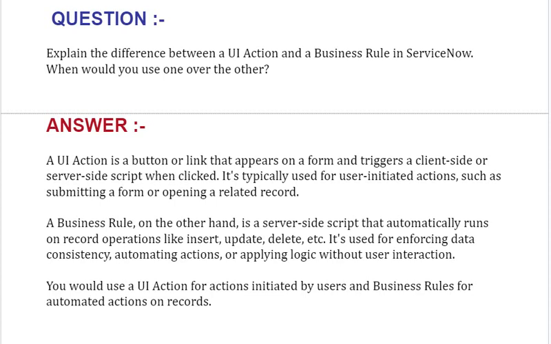It's typically used for user-initiated actions such as submitting a form or opening a related record. A business rule, on the other hand, is a server-side script that automatically runs on record operations like insert, update, delete, etc. It's used for enforcing data consistency, automating actions, or applying logic without user interaction.